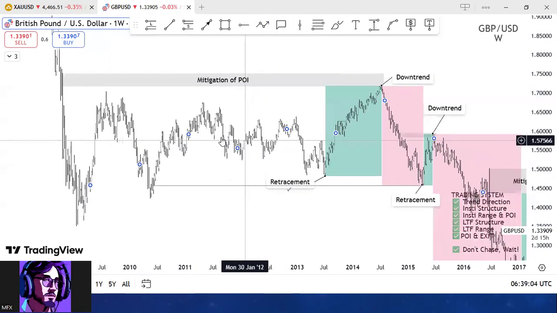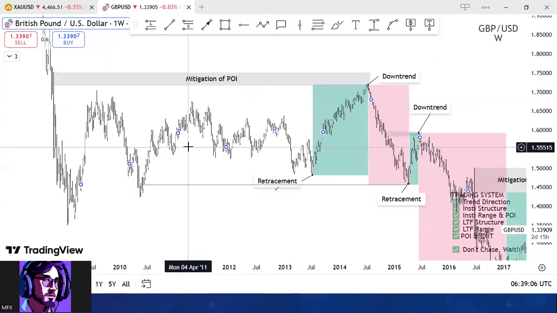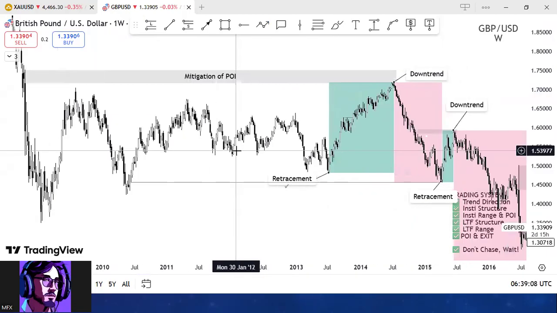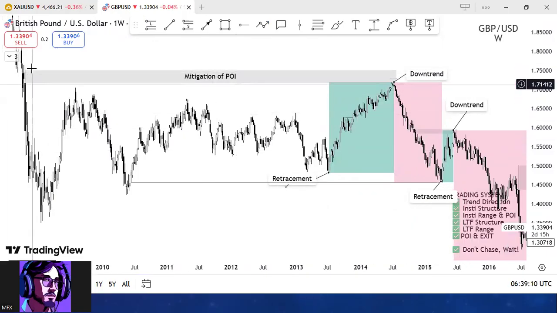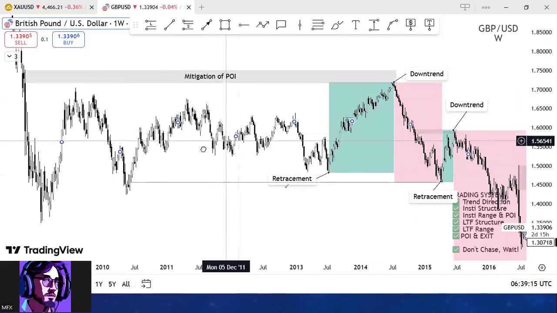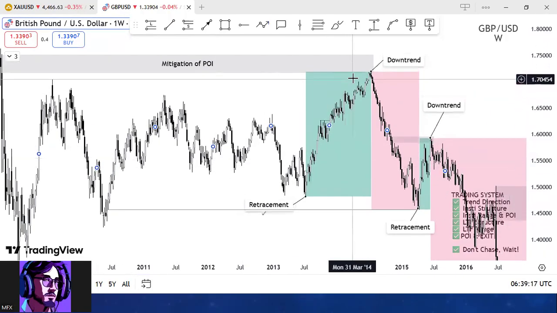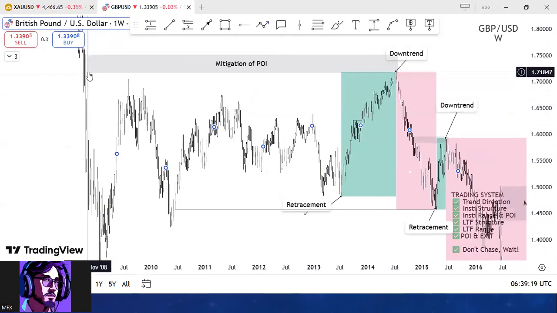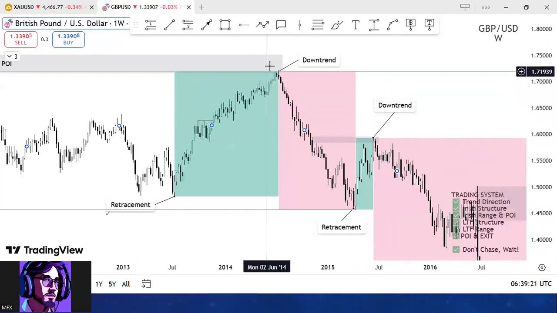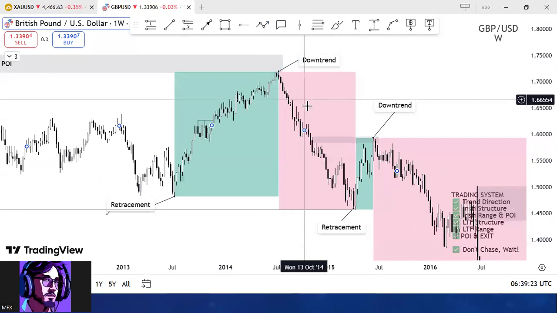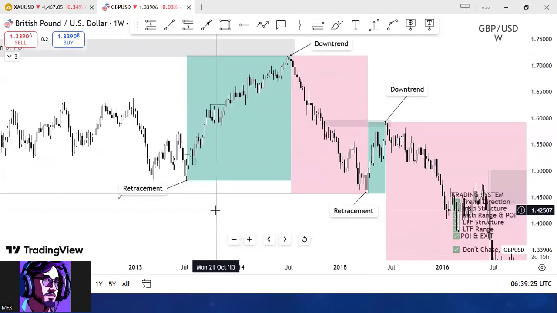So we never saw a huge price reaction until the mitigation of this POI, what we know as a supply zone. Immediately price mitigated this supply zone, there was a retracement.